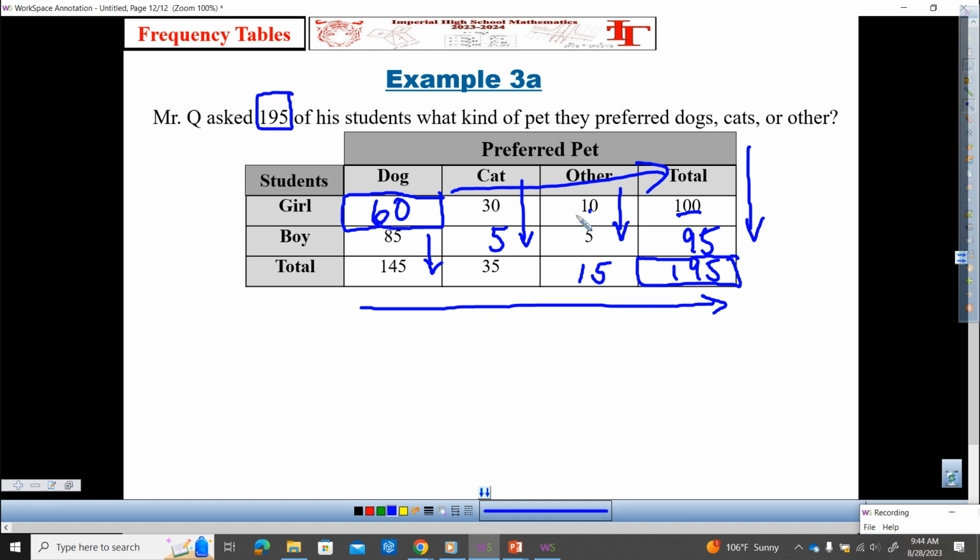So look at it again really quick. Look at the data. Tell your neighbor a statement that you would come up with in regards to this data. What would be a statement? A statement for that data.